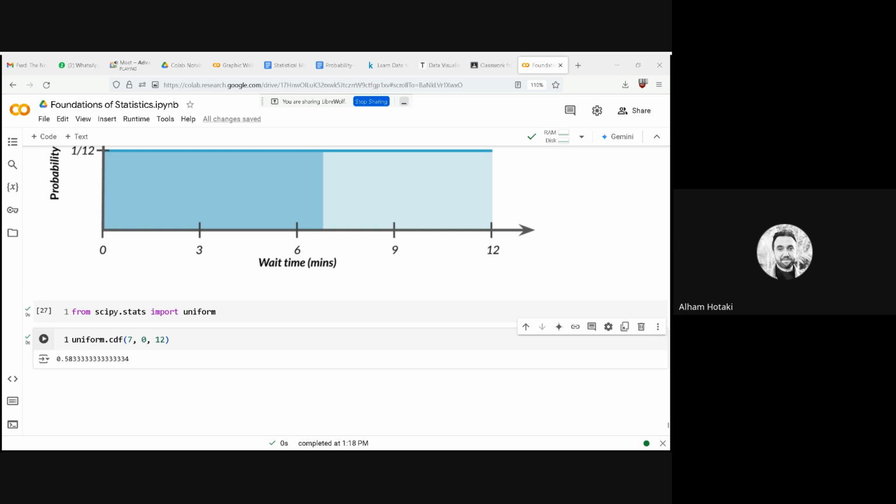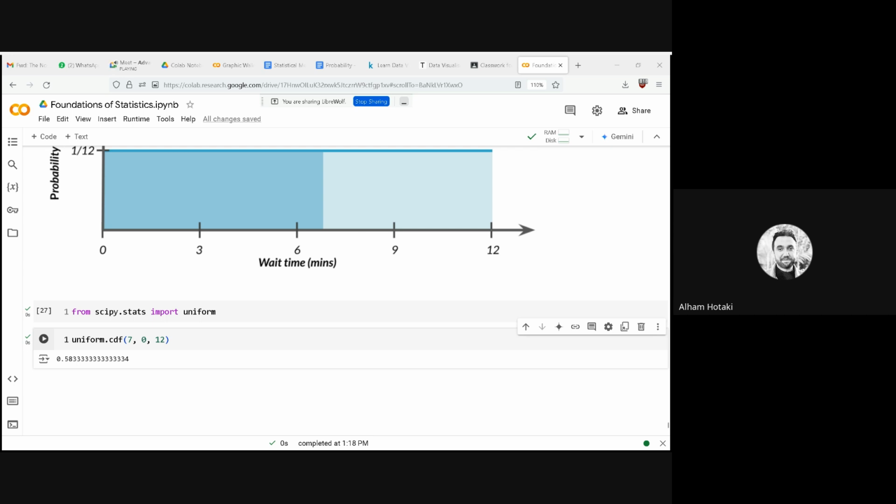This is the library that you can use. So you have 12 minutes, and for each minute there's a probability of 1 by 12, and this is how you get the understanding of how continuous probabilities work.